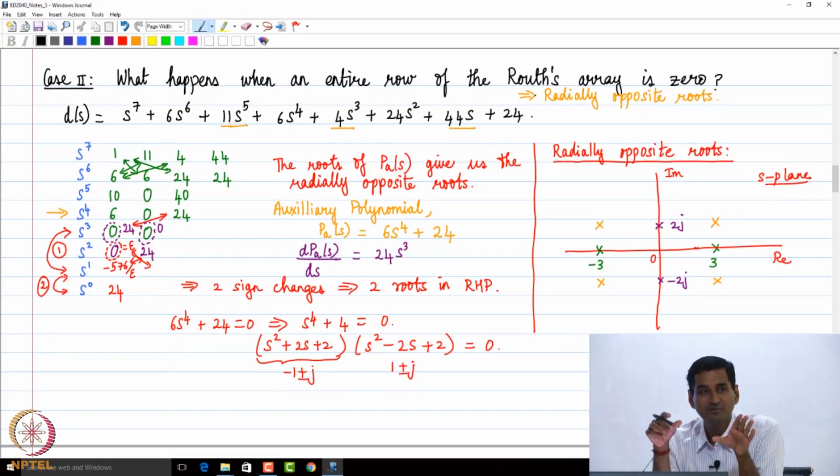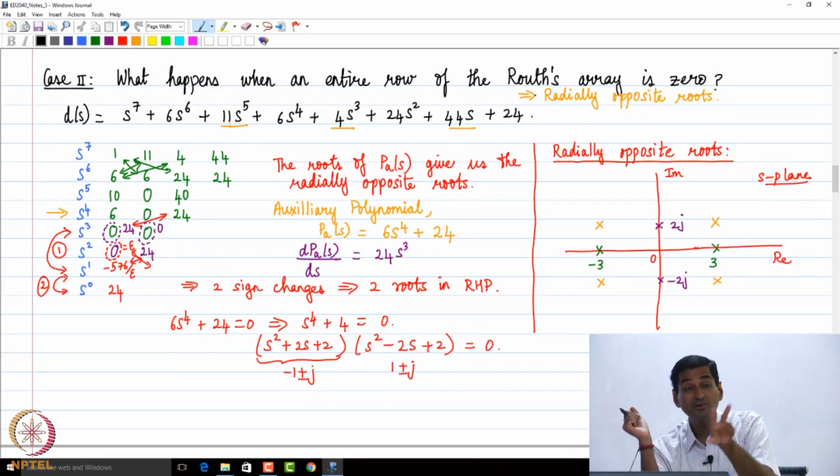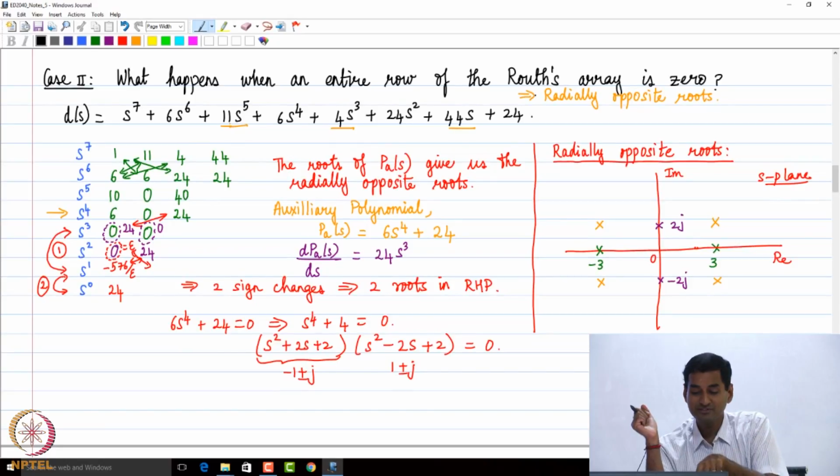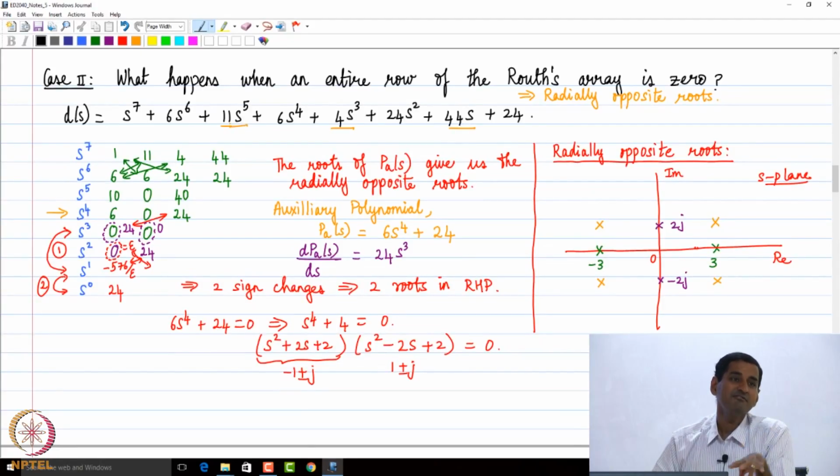The auxiliary polynomial, if you solve it, will give you the radially opposite roots, so you have 4 radially opposite roots, 2 in the left half plane and 2 in the right half plane. Now there are 3 remaining roots for the original polynomial. They are going to be in the left half plane because you already accounted for two right half plane roots with the 2 sign changes. That's why I made the statement that there are 2 roots in the right half plane and 5 roots in the left half plane.